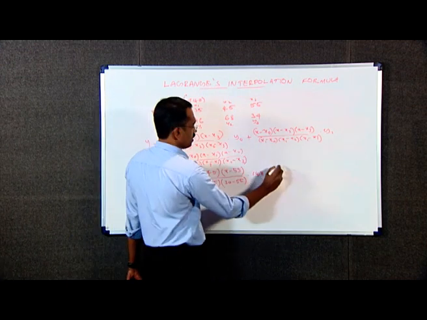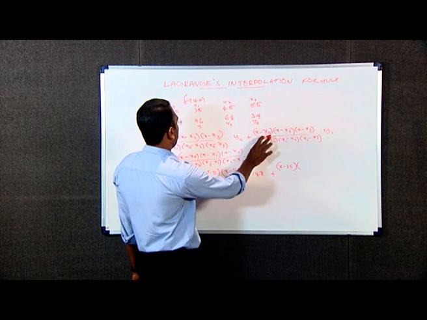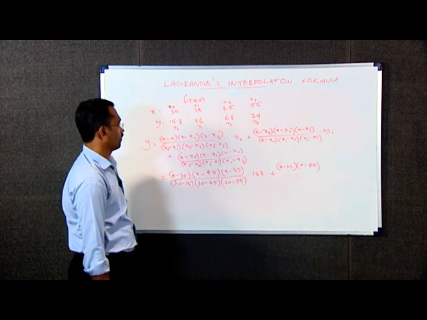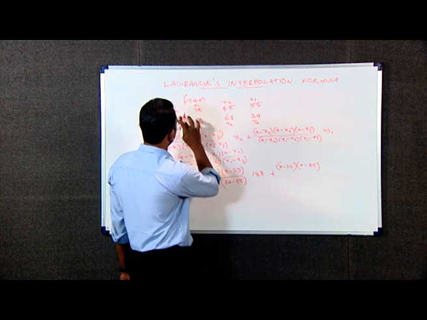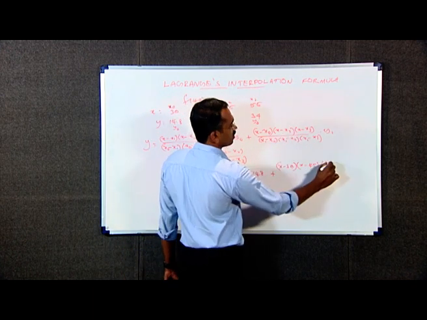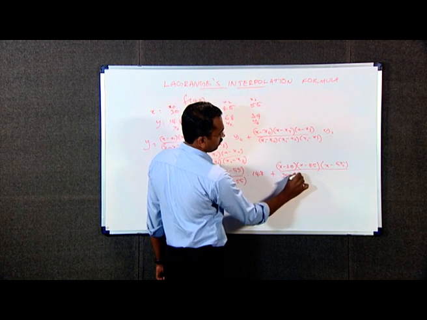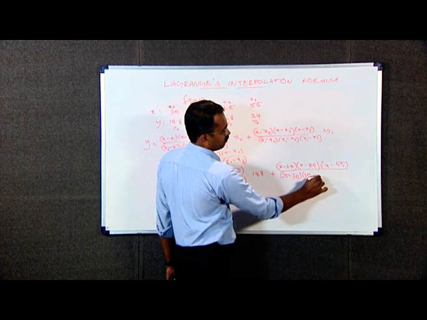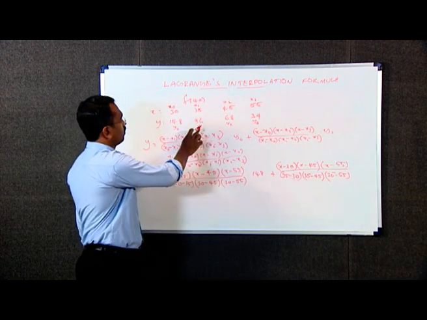Plus (x minus x0), here x0 is 30, so (x minus 30) into (x minus 45) into (x minus x3), x3 is 55, divided by x1 minus x0, that is 35 minus 30, into x1 minus x2, 35 minus 45, into x1 minus x3, 35 minus 55, into y1, y1 is 96.